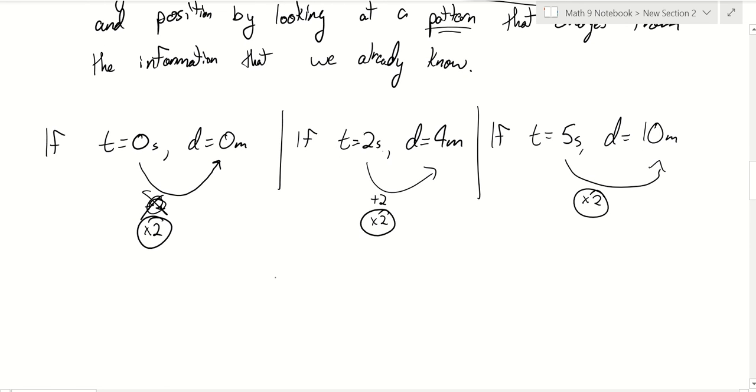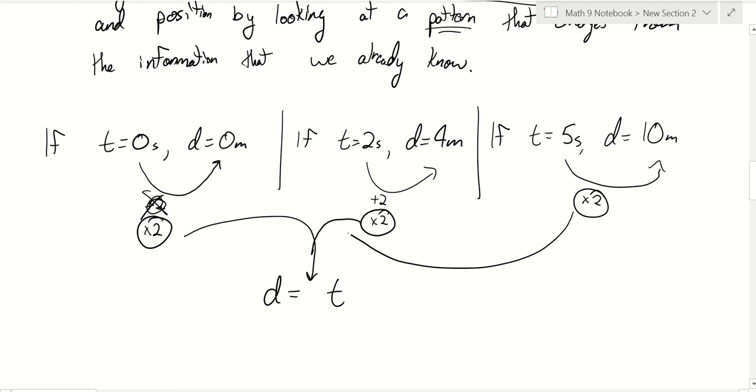Or another way to say this is if we want our distance information, we can take our time information and simply multiply by 2, right? To get our distance information, all we have to do is take our time information and multiply it by 2. So this is our rule. So we could write this as our equation for this pattern that emerges here.